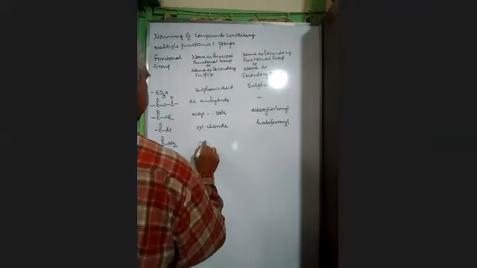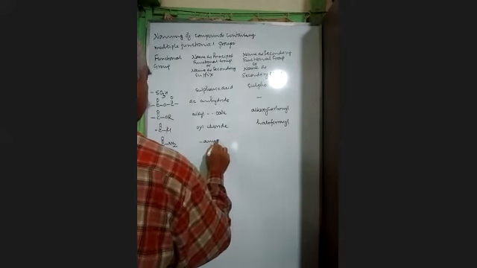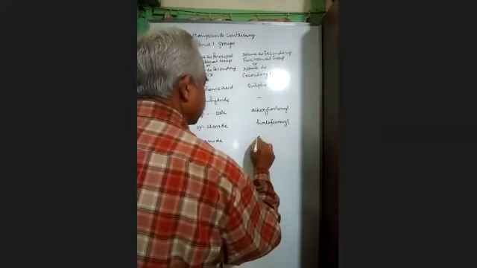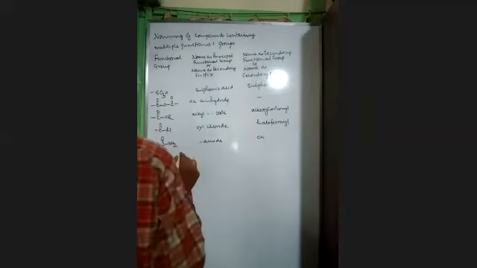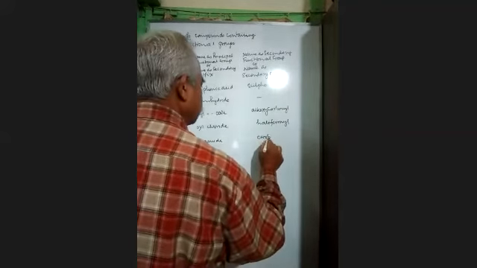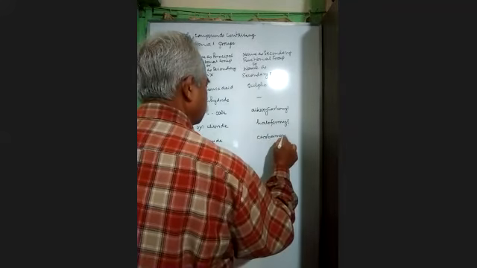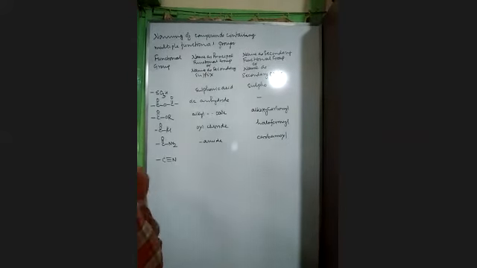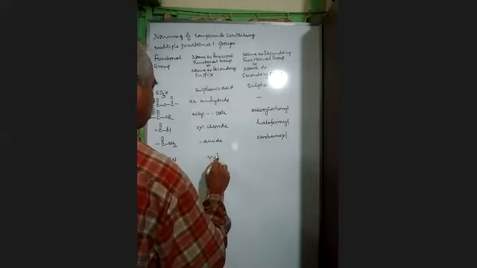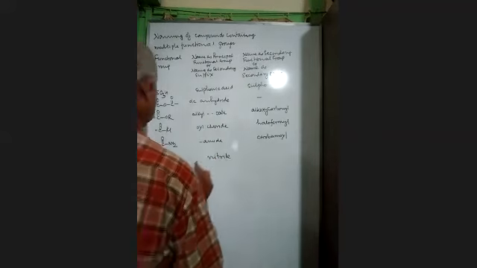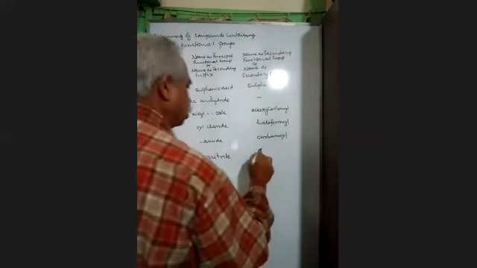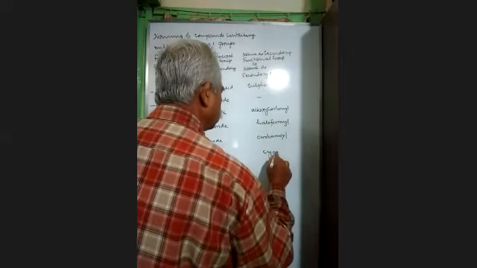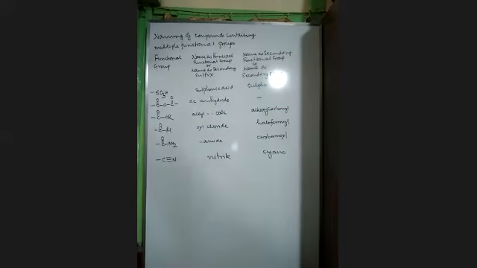We call it carbamoyl. Then this is nitrile. We call it cyano.